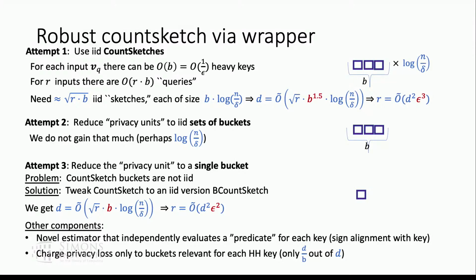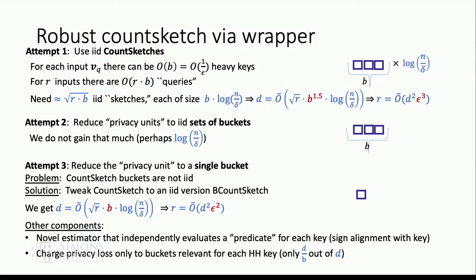And then we needed a different estimator that has the predicate form. To identify the heavy hitters, rather than medians, we looked at the number of buckets whose sign aligned with the sign of the random keys.